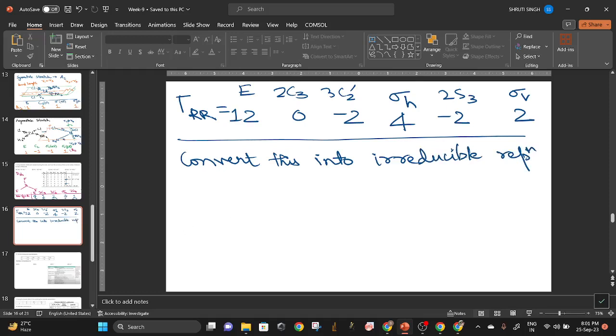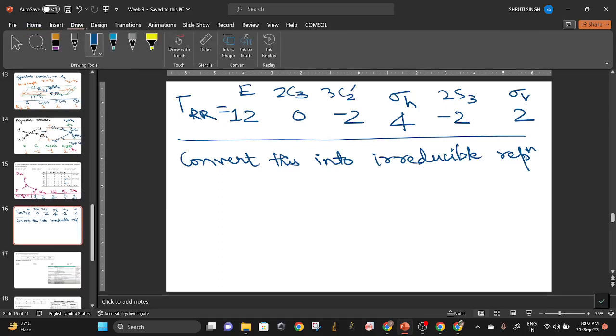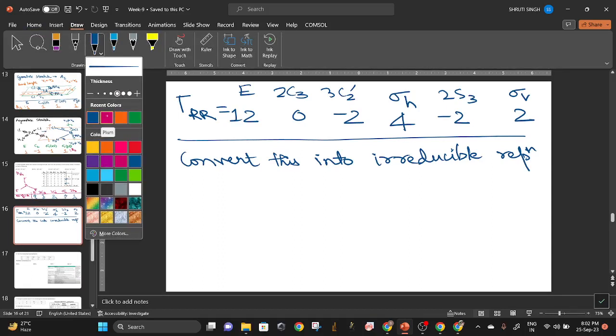So we need to write tau RR as a sum of irreducible representations. Not exactly sum, it can be negative also. Sum or linear combination, addition or subtraction. So how to do that?